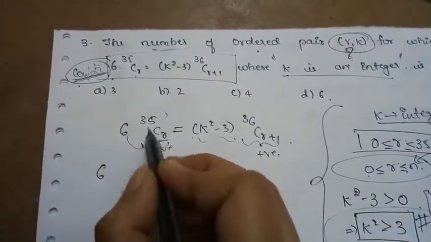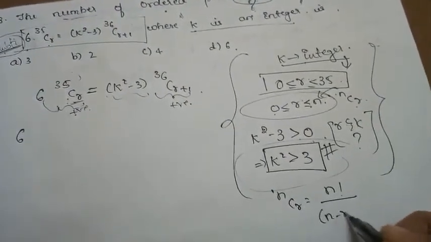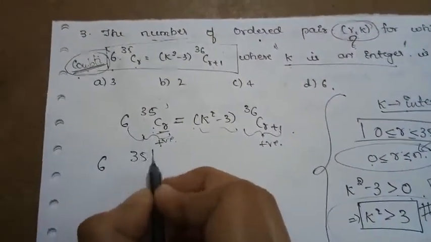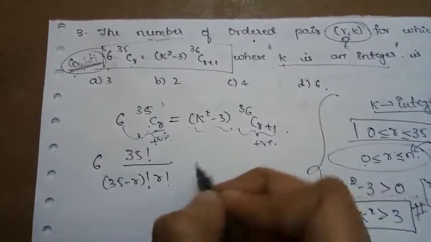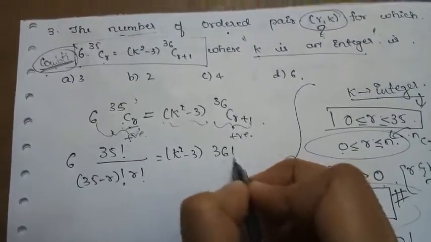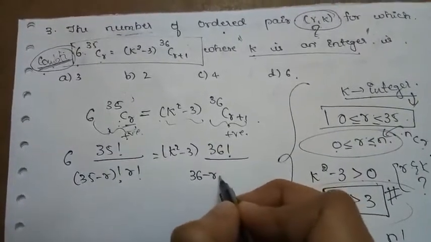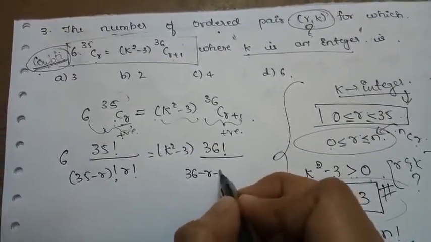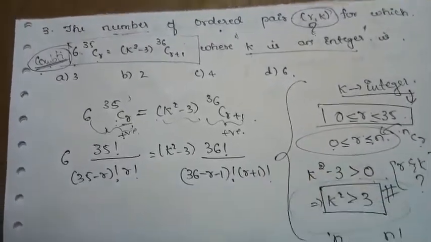So 35Cr, we know the formula for nCr, that is nothing but n factorial divided by (n minus r) factorial into r factorial. Substitute that here. 35 factorial over (35 minus r) factorial into r factorial is equal to (k square minus 3) times 36 factorial divided by (36 minus r minus 1, that is 35 minus r) factorial into (r plus 1) factorial.